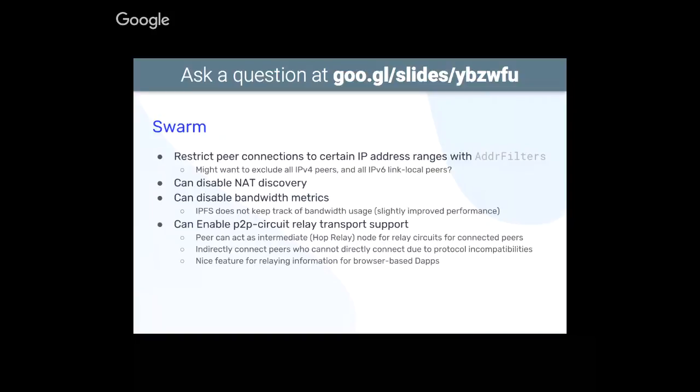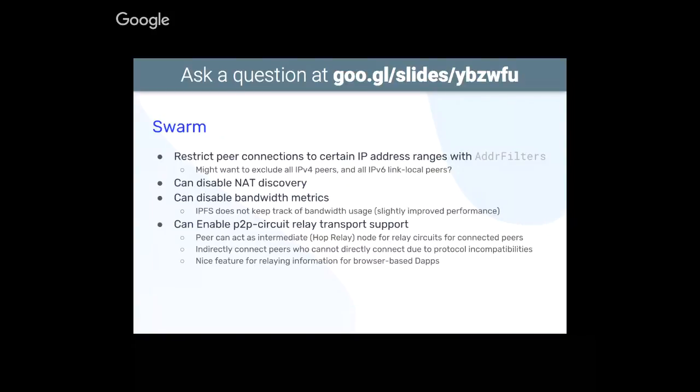Another two swarm config options that I almost always have enabled when I fire up a new IPFS peer is P2P circuit relay transport support. So to do this, you would set disable relay to false and enable hop relay to true.